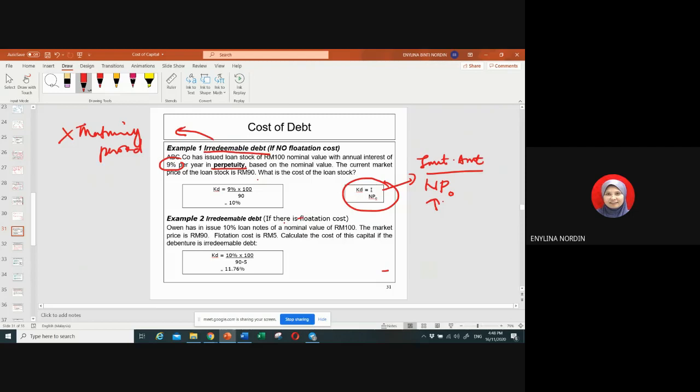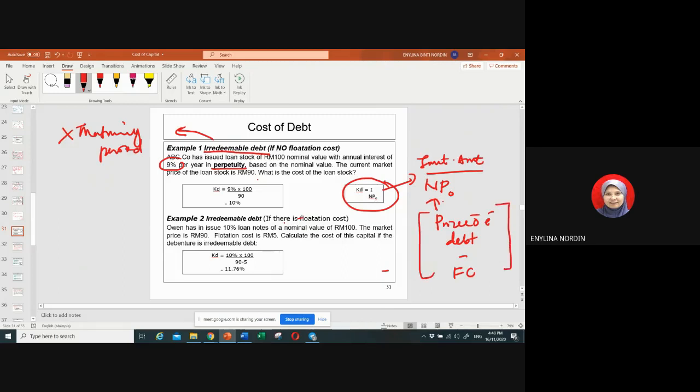So here also, the formula will be price of the debt or bond minus the flotation cost. That is how we get the net price.